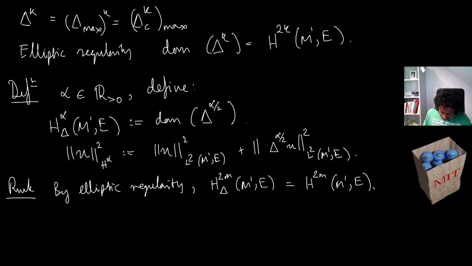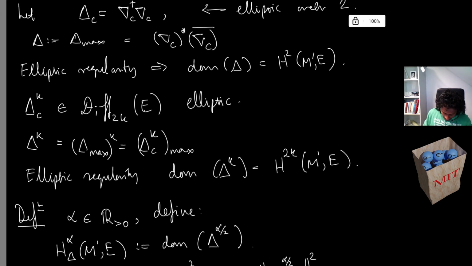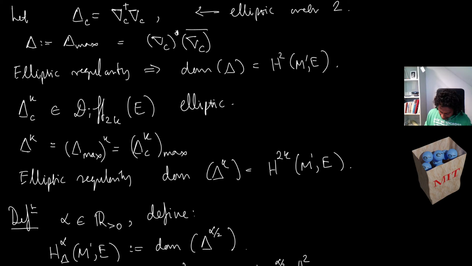Well, when I take the kth power here, this elliptic regularity estimate is already telling me that nabla to the power of k is comparable to the norm of all of these sums that we had in the H2k norm.